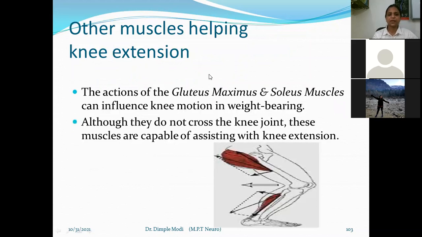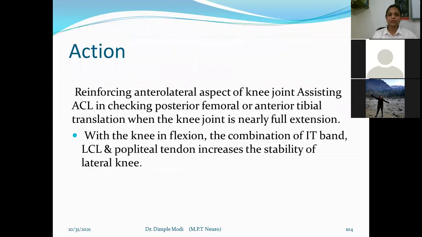The other muscles helping in knee extension are the gluteus maximus and the soleus muscle, reinforcing the anterolateral aspect of the knee joint and assisting the ACL in checking posterior femoral and anterior tibial translations. With knee flexion, the combination of the IT band, LCL, and the popliteal tendon increases the stability of the lateral knee.